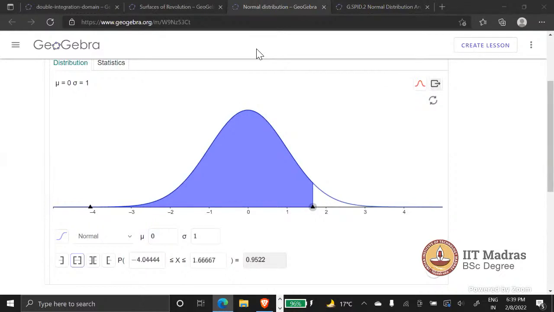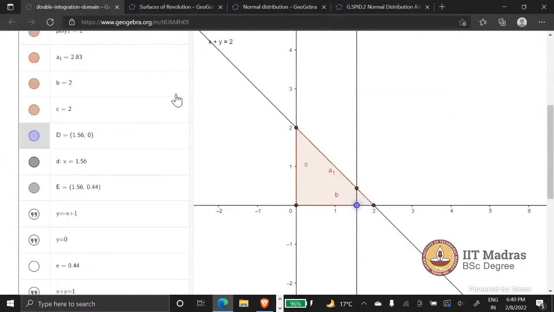Can I say something? If you can just go back to that x plus y equal to 2. Yeah, just hold on. So I would like to start with this 2D plane. Consider this is some function f(x), whatever line it is, some function f of x.